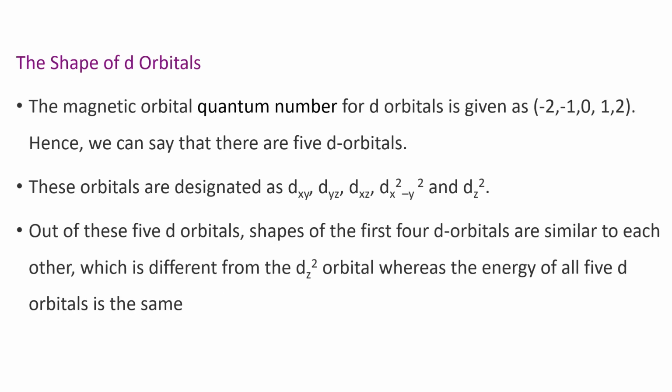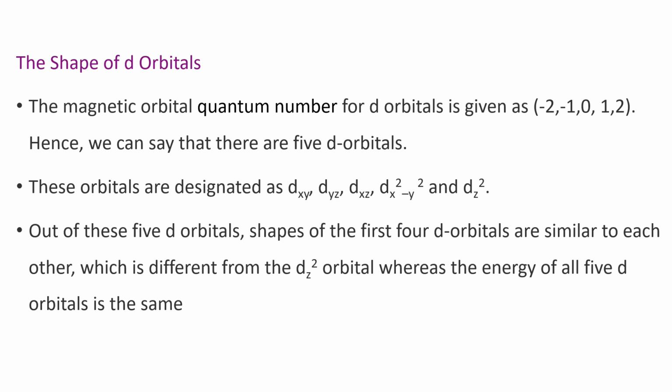We know the magnetic quantum number for d orbital is -2, -1, 0, 1, and 2. So it corresponds to 5 d orbitals. These are dxy, dyz, dxz, dx square minus y square, and dz square.